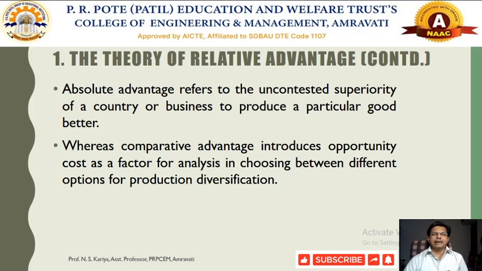Now, it is advantageous to the firm or the country when they consider the first kind of situation, the absolute advantage. Absolute advantage refers to the uncontested superiority of a country or business to produce a particular good better as compared to another country.